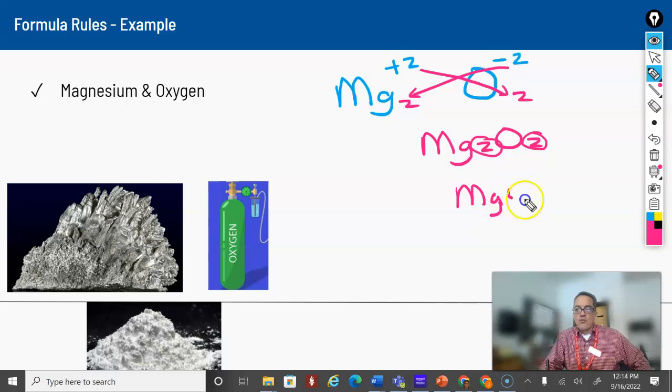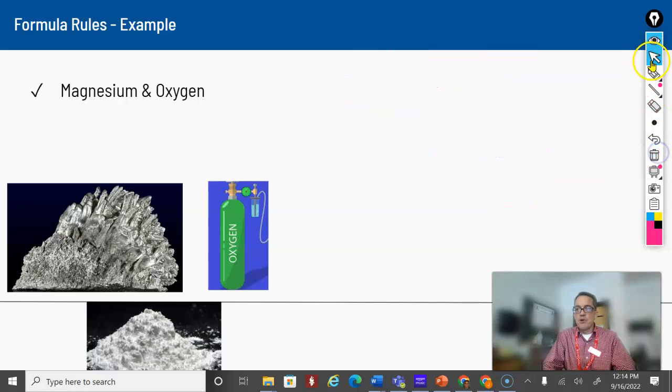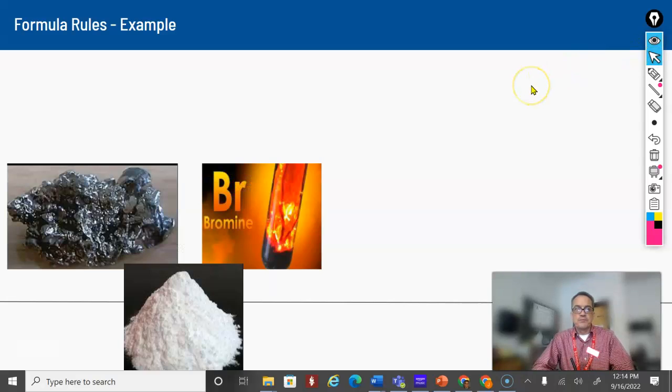And so our finished formula would just be MgO for magnesium oxide. Again, the reason why is I'd only need 1 of these to balance out 1 of those. So we always want to get it into its smallest ratio, or the simplest form, if you want to think of it that way.